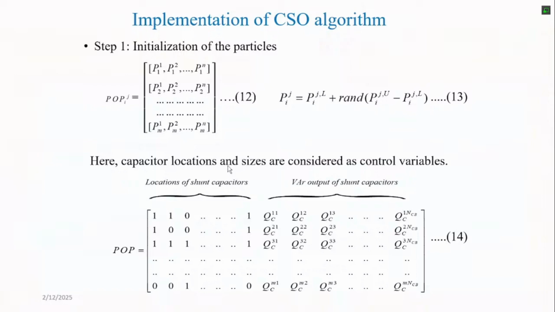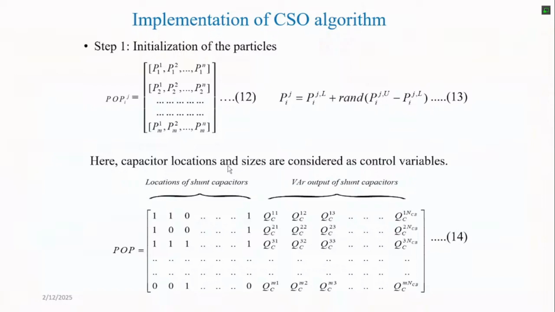Now coming to equation number 14, I told you that we are supposed to install the capacitor bank. So all the locations may not be available for placing. Here the lower boundary and upper boundary for location we have considered as 0 and 1, and we use a random number to fix it: if this value is less than 0.5, then we fix it at 0, and if it is more than 0.5, we fix it at 1.